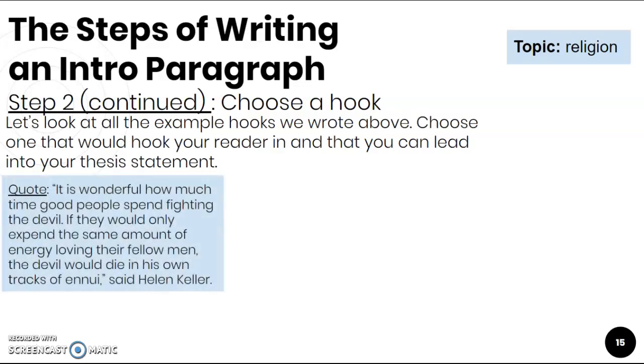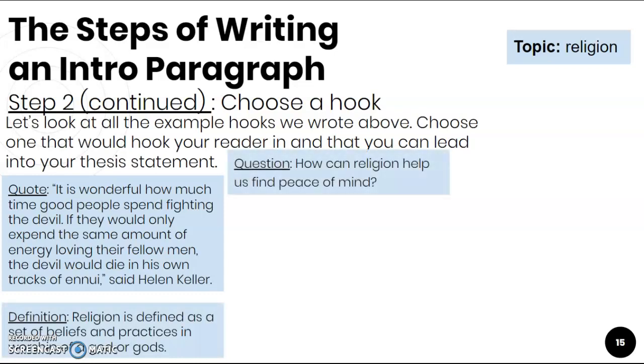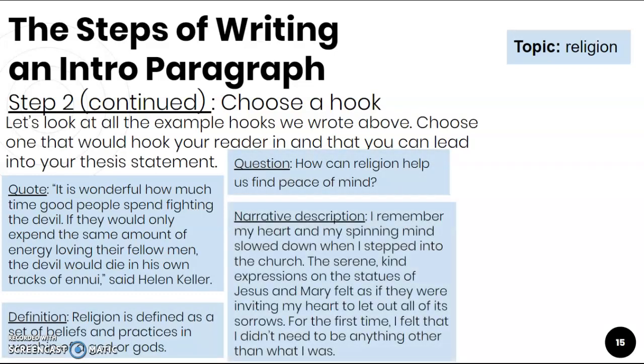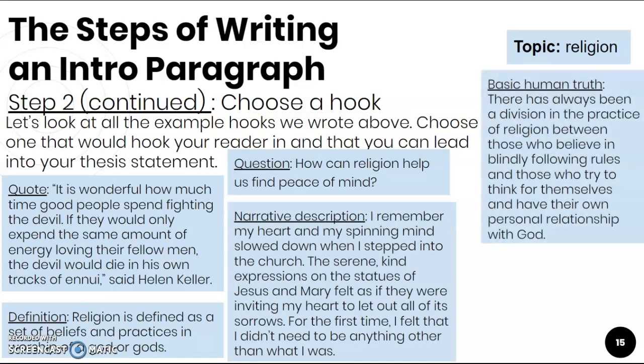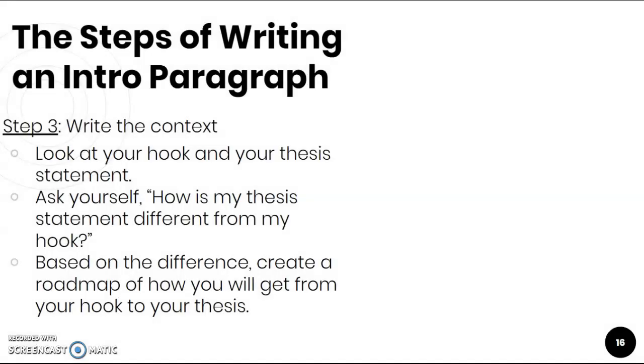So, again, we have our quote, we have a definition, we have a question, a narrative description, a basic human truth, and a fact or statistic. So looking through all of these, I think for me, the one that would hook my reader in, but also lead smoothly into my thesis statement would be the basic human truth. So that's the one I'm going to choose as my hook.